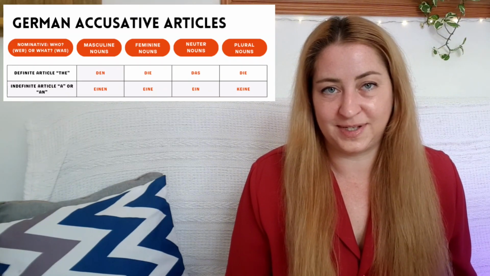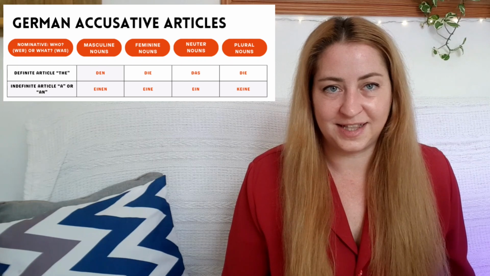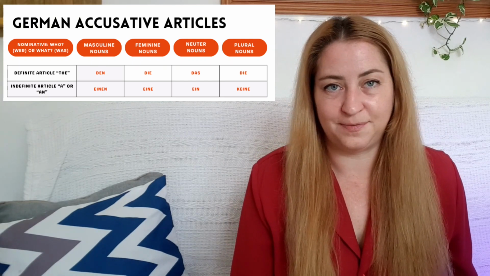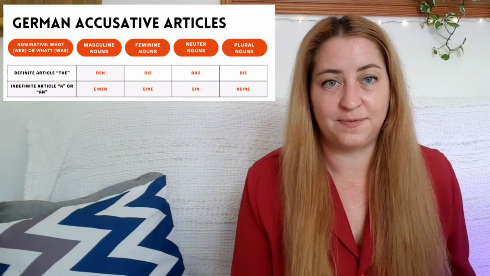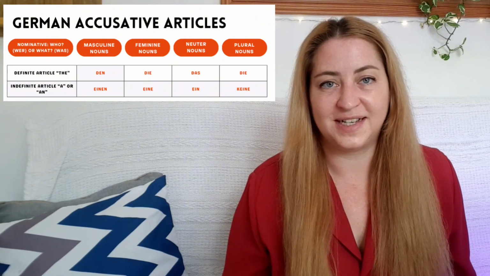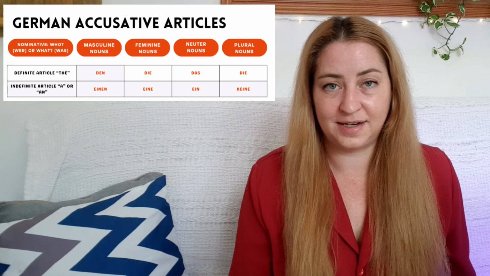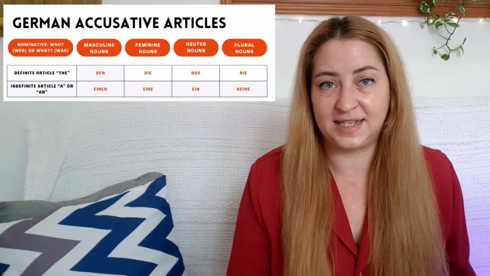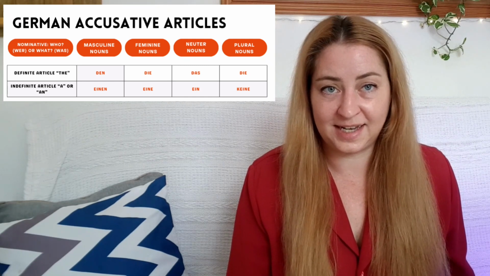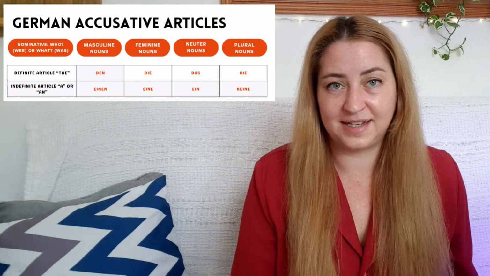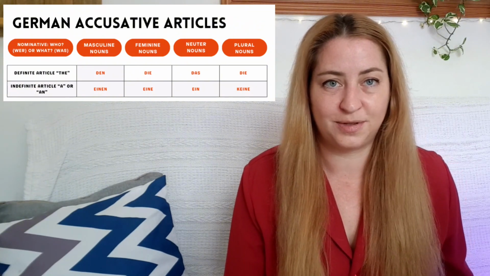Now let's look at definite and indefinite articles and how they change in the accusative case. Remember, whom is wen and what is was. Our definite articles are den for masculine. Remember, nominative was der. It changes to den. Die is feminine, das is neuter, and die is plural.